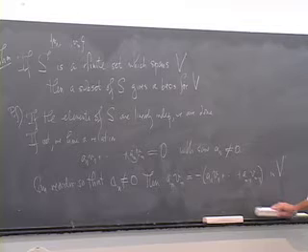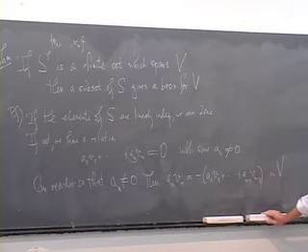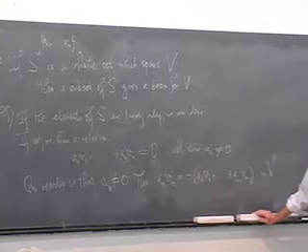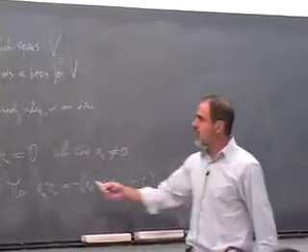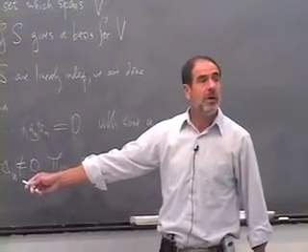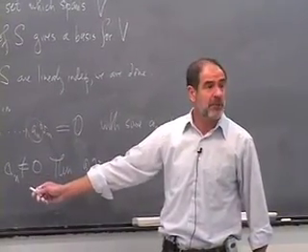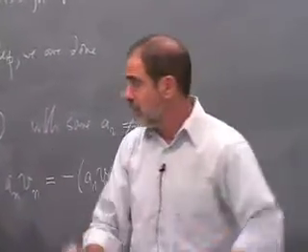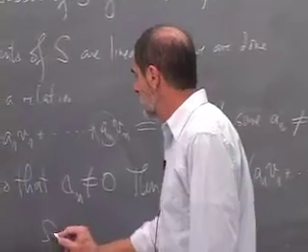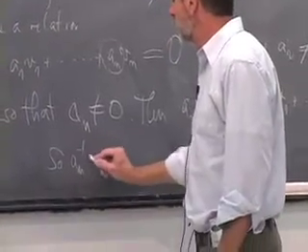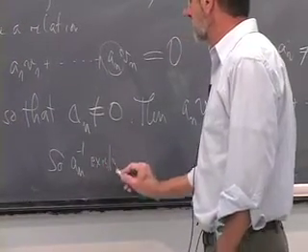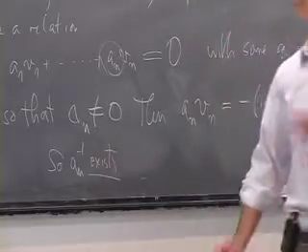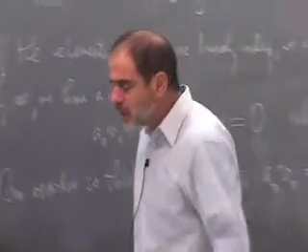And now, and this is the key point, we use the fact that we're in a field. When you have a non-zero element in the field, you can write down its multiplicative inverse. This is the only thing we're using about fields. Okay, so an inverse exists. If you look at all the linear algebra you did over R and C, this is the only thing you're really using about it.